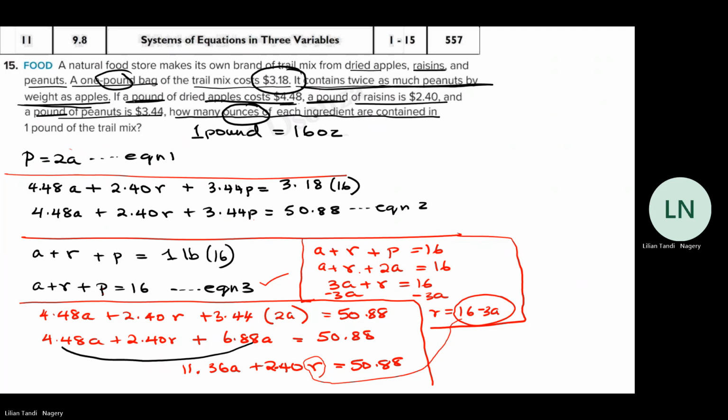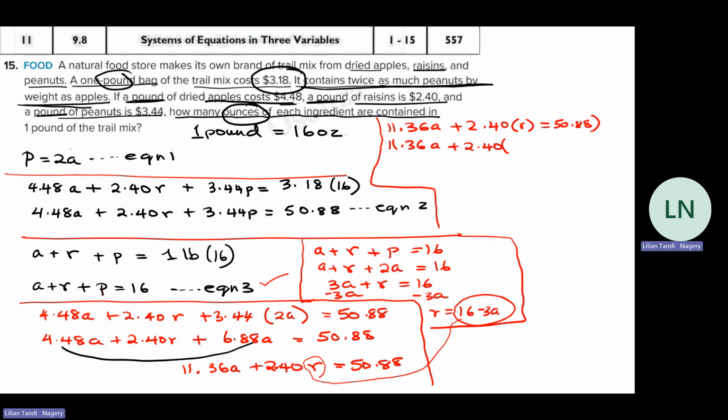Now, let's create more space. 11.36A plus 2.40R equals 50.88. 11.36A plus 2.40 times R, which is 16 minus 3A, equals 50.88.